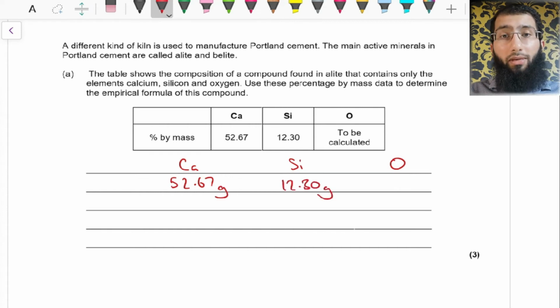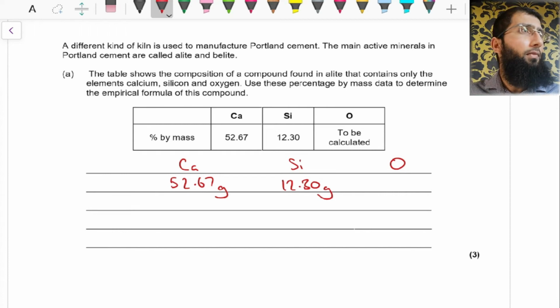So if I'm assuming I'm starting off with 100 grams of my substance, then to work out the mass of oxygen, it's simply going to be 52.67 plus 12.30, subtracted from 100.